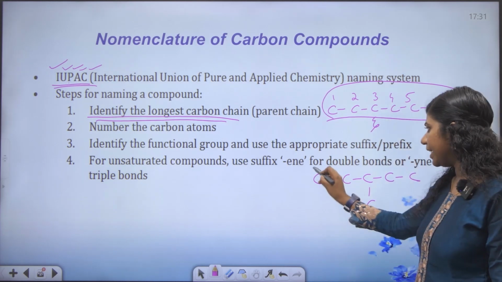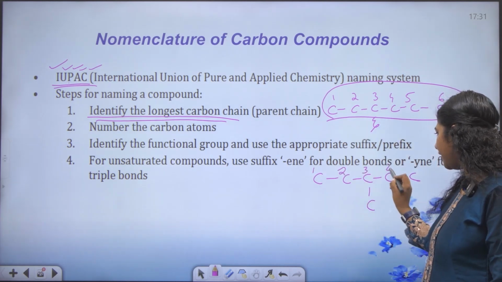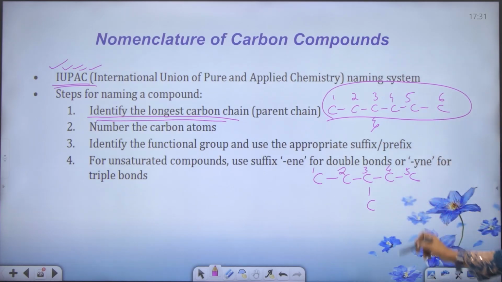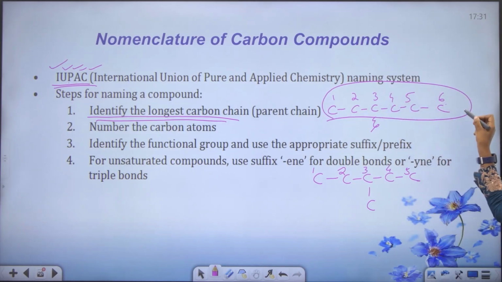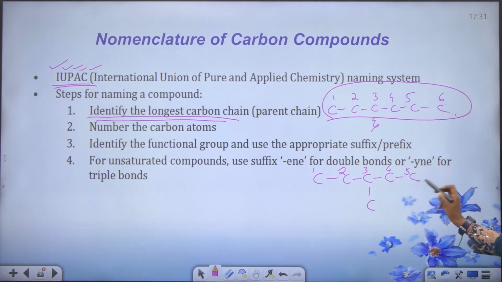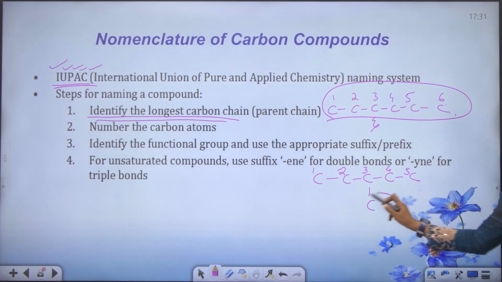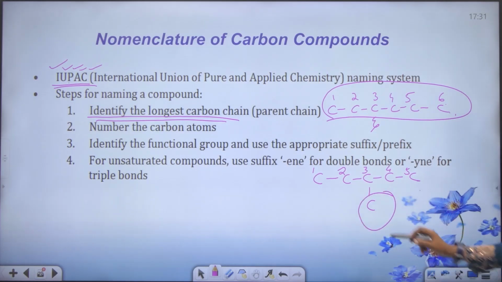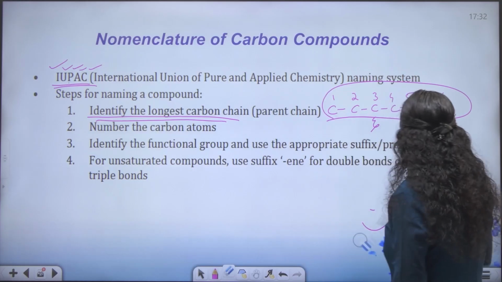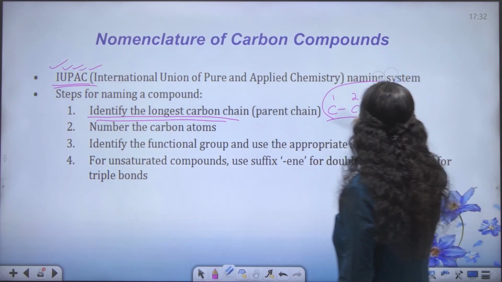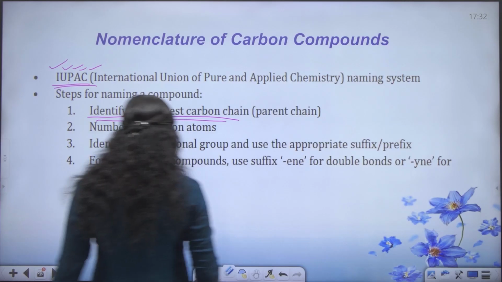But in the second case, the longest carbon chain contains only 5 carbon atoms, and the remaining carbon atom acts as a branch. It is not part of the longest carbon chain. So the first step is to identify the longest carbon chain, which is the parent chain.